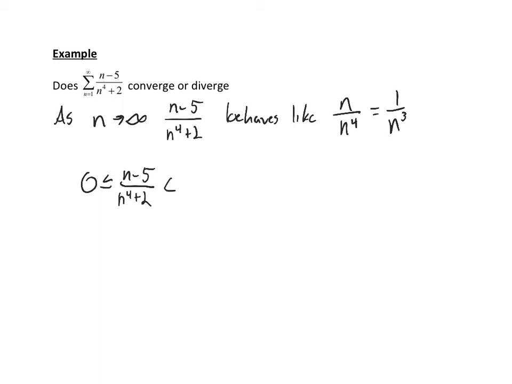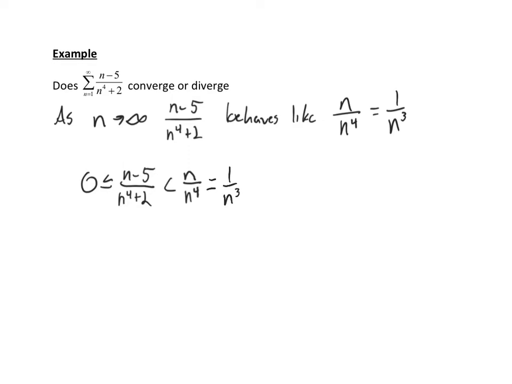I'm also going to note that that is going to be less than n over n to the 4th. Right? If you're subtracting from the numerator and adding to the denominator, you're definitely making this thing smaller. So n minus 5 over n to the 4th plus 2 is definitely less than n over n to the 4th, which equals 1 over n cubed.